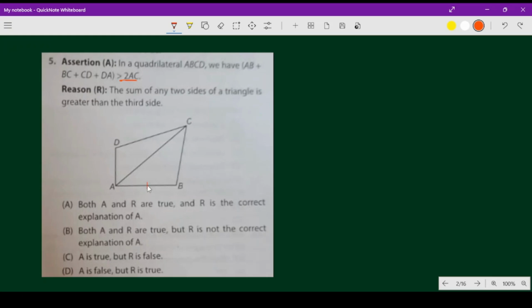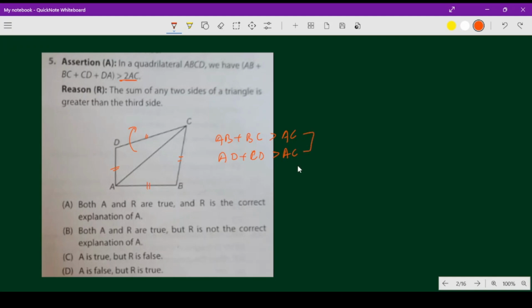Using the triangle inequality in triangle ABC, adding these two sides, AB plus BC is bigger than AC. In the same way, adding AD plus CD gives us greater than the diagonal AC.